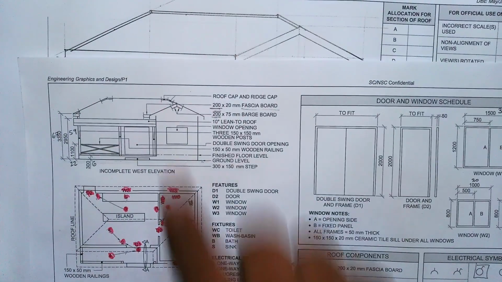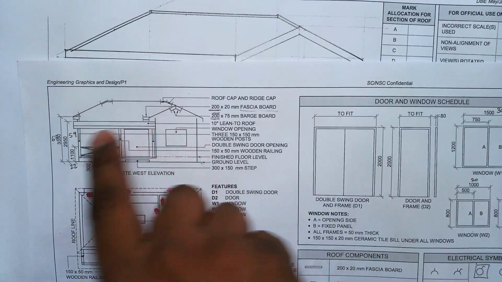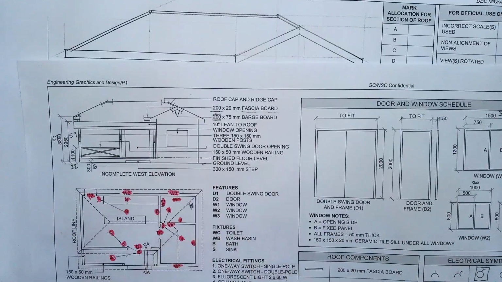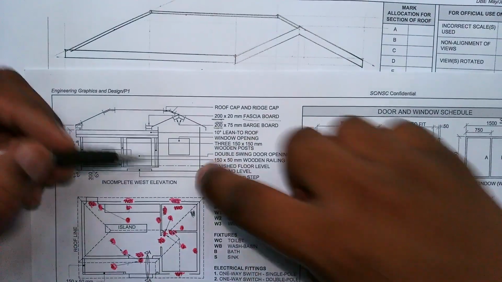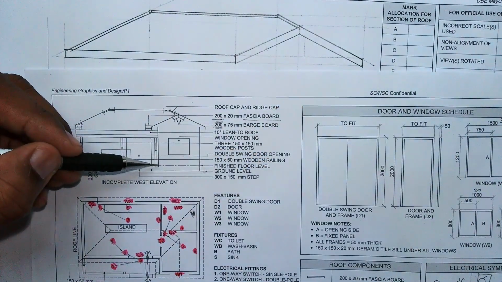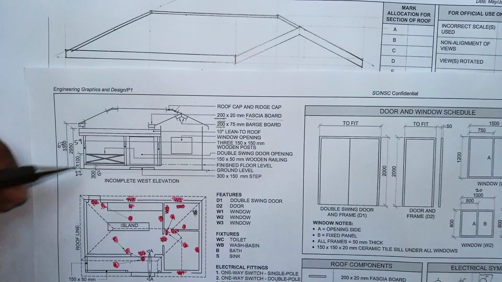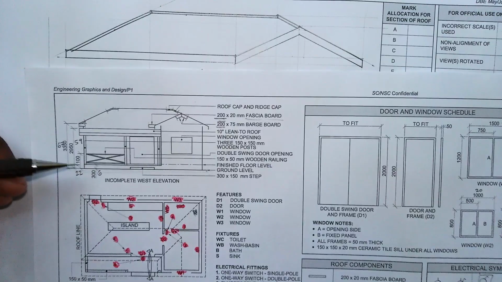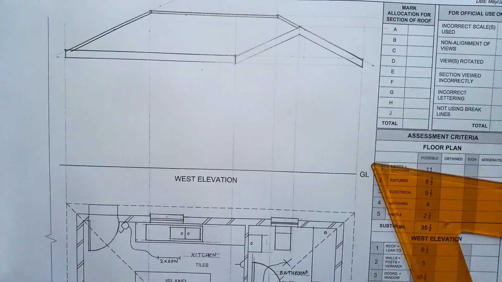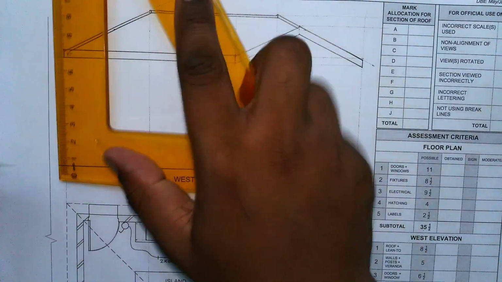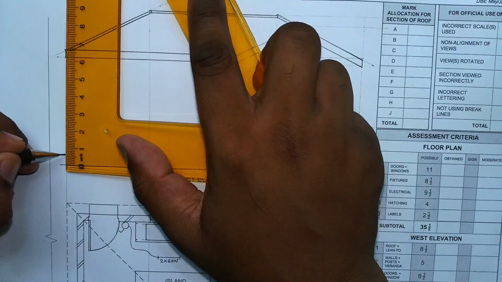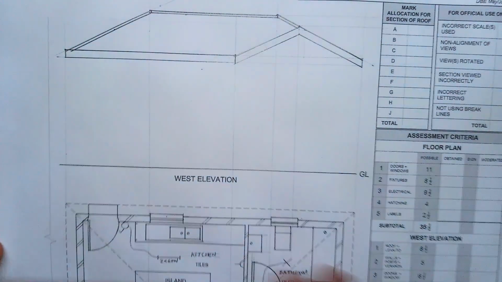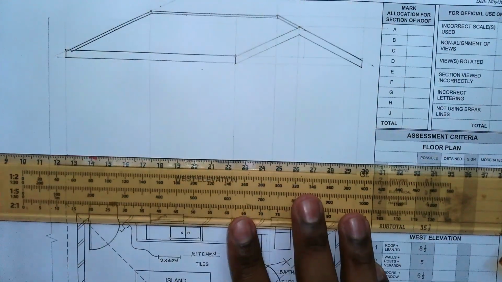All right, so now I'll just try to draw the building, the walls. Okay, so I'll start this side. As you can see, from the ground level to that floor level for the veranda, it's 6. So I'll just measure 6 from the ground level, draw a light construction line.